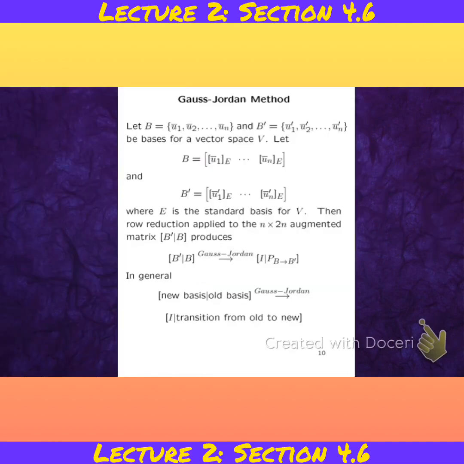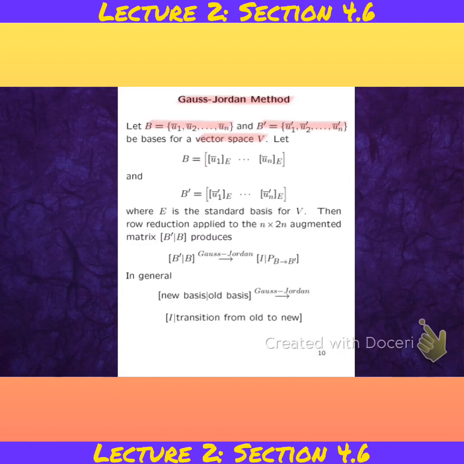Right, now it happens that there's another method that we can use to jump from one transition matrix to the other, and it's the Gauss-Jordan method. So again, given two bases of a vector space V, we distinguish between two matrices, B and B prime. Now, B is formed by taking all the vectors in B and forming the columns of this matrix as follows.